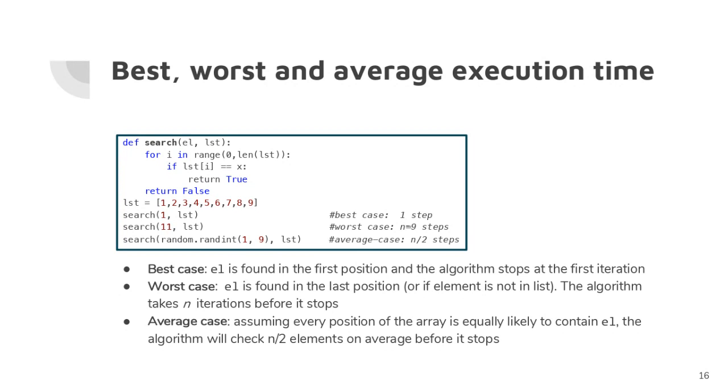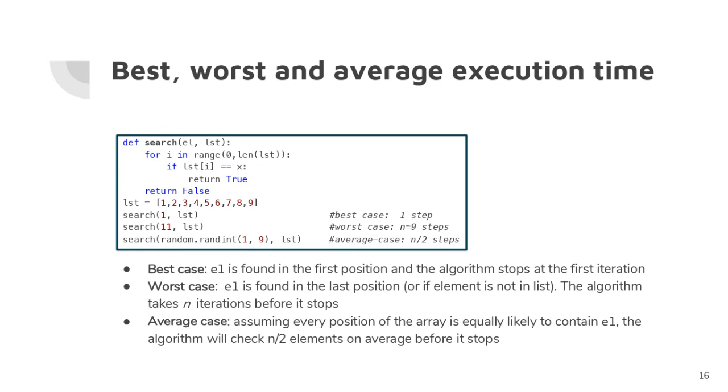If you search in this list for a random number between 1 and 9, on average it would take n divided by 2 steps. If you ran search on any input number between 1 and 9 and repeated it millions of times, on average you will do 4.5 steps. So these are the 3 cases: best case, worst case, and average case.